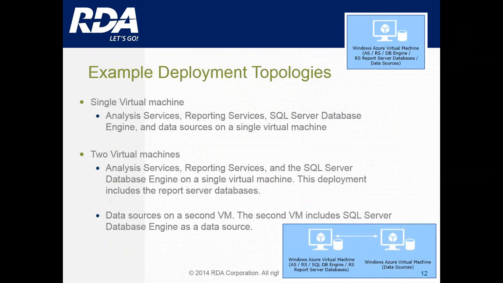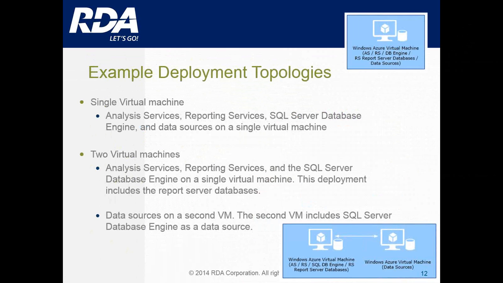Slightly larger than that is the two virtual machines, as you can see in the diagram on the bottom right. You could have one where you have Analysis Services, Reporting Services, and SQL Server on a single machine. You may include the report server databases on it, and you may have a second virtual machine that is actually the data source that we're talking about.